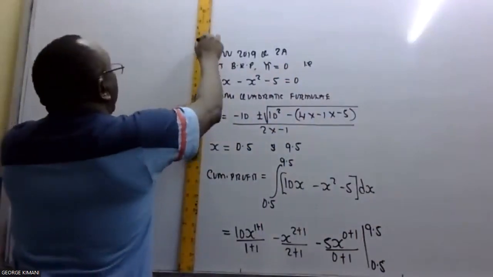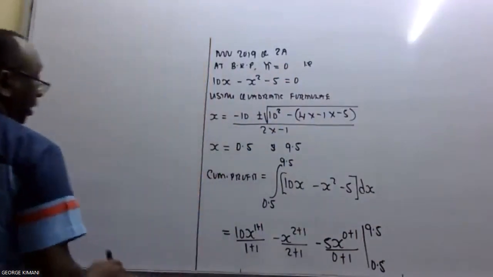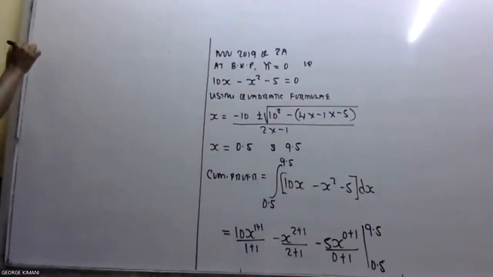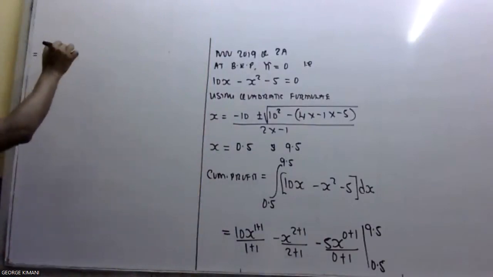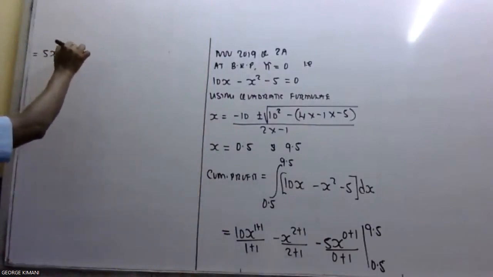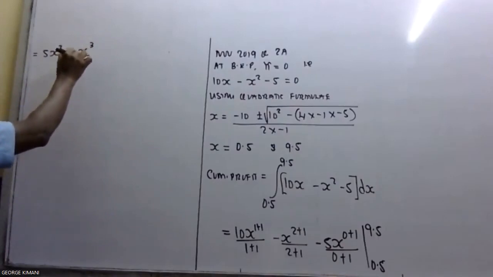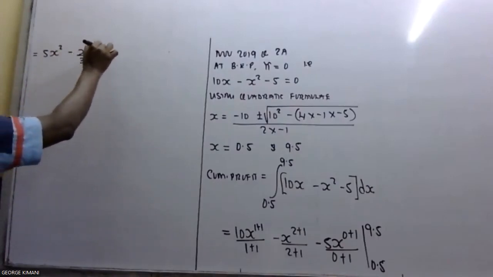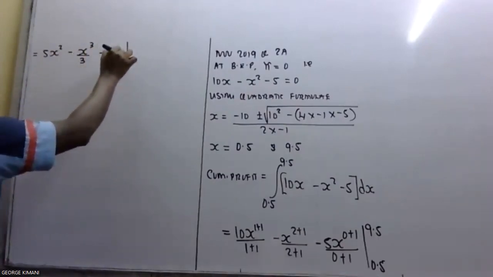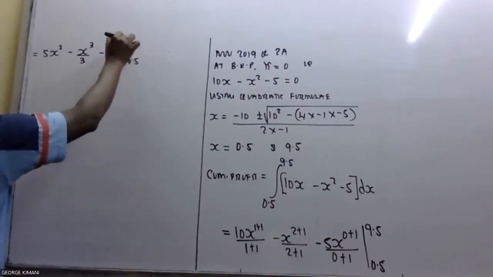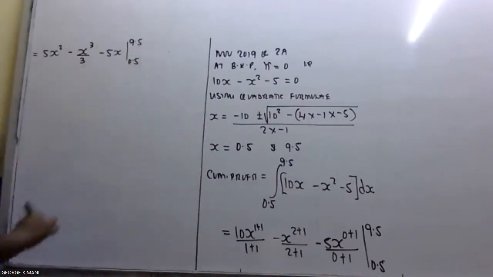So if I come back here, I'll be able to continue and say this is 5x squared minus x cubed out of 3 minus 5x in the range of 0.5 to 9.5.